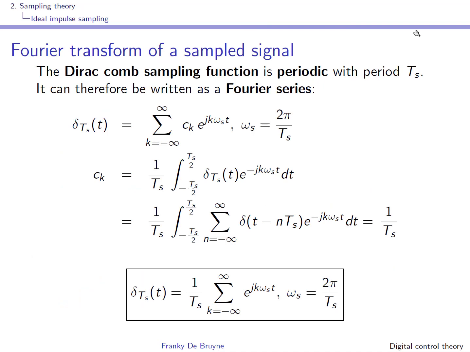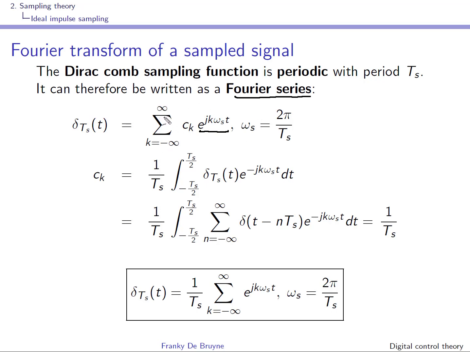Well, to obtain the Fourier transform of this sampled signal, you have to remember that the Dirac-Comb is of course periodic with period Ts, the sampling period, and since it is periodic, you can obtain its Fourier series. You can write it as a linear combination of the Fourier functions, where k ranges from minus infinity to infinity.